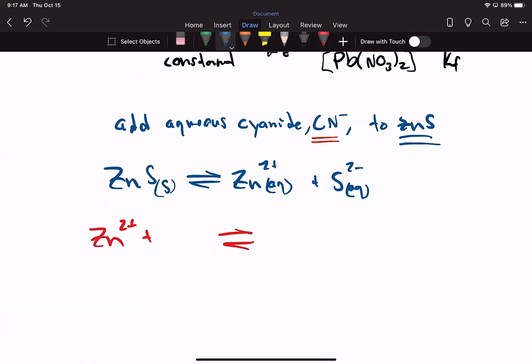When we talk about these, we always talk about what we call a saturated solution in order to do this. So I'm going to add 4 moles of cyanide, and I wouldn't expect you to do that portion.